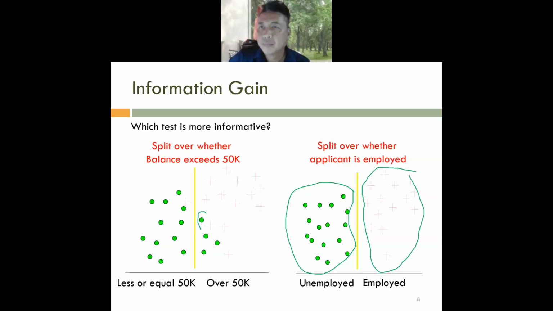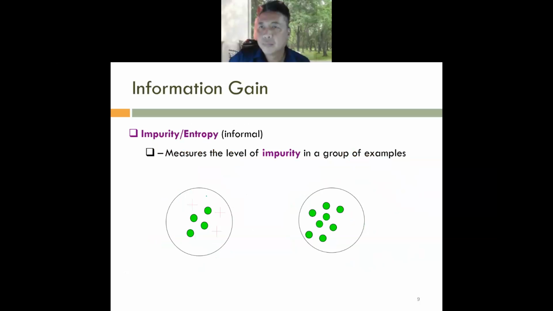This one we have a mix of them, so this part should belong to the other part, and this one should belong to here. And this one also is pure. This one we have a mix, 3 versus 4. So we want to have this.